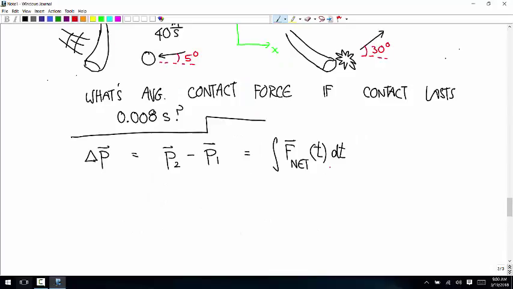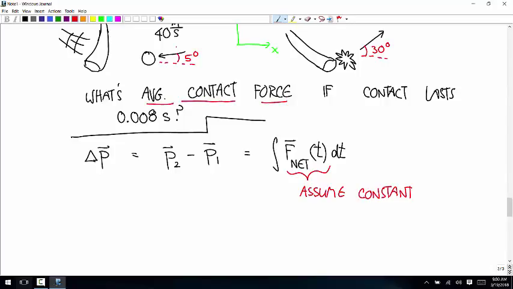Okay, so if we're going to assume that this function is constant, well, the key is that we're asked for the average contact force.